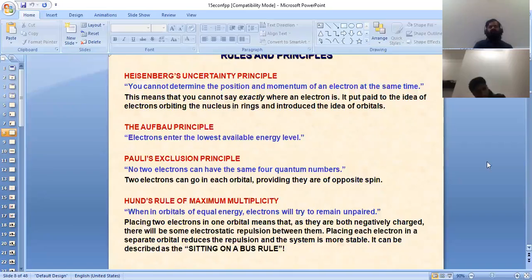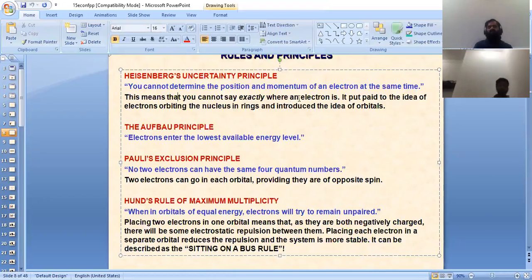Because the problem was electrons' position and momentum. Electrons are always moving, you know. They are not going to stay at one position. You can't tell that exactly this is the location of the electron. Continuously they are moving. So how can you predict the exact position and momentum of the electron simultaneously? This means you can't say exactly where the electron is.